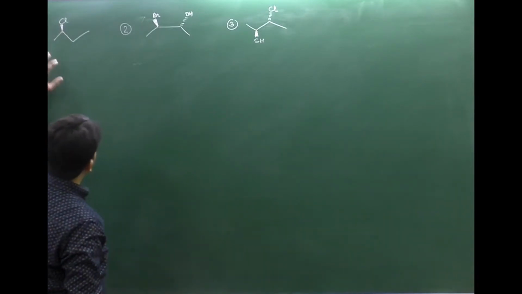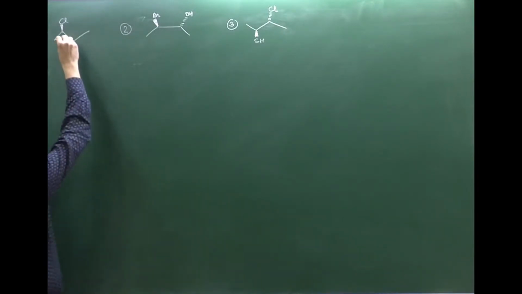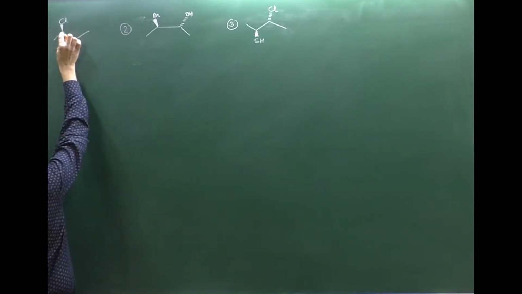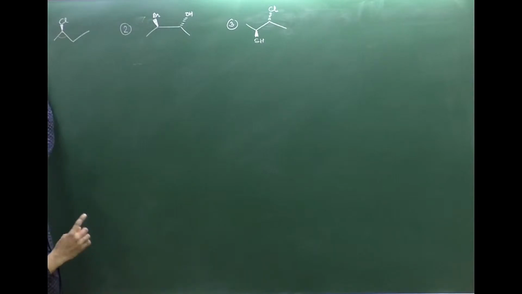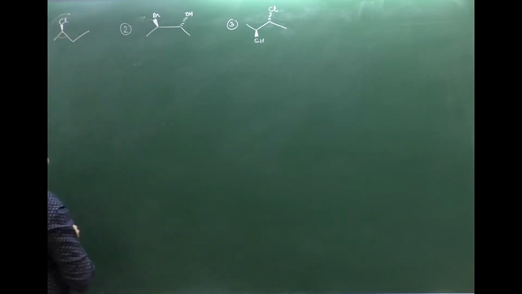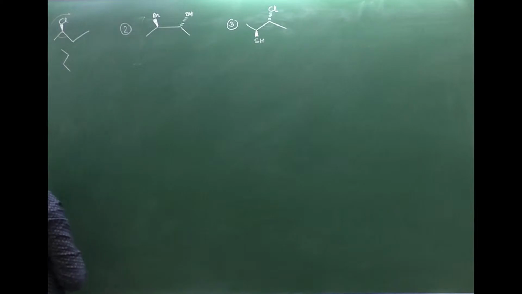So, if the representation is like this, just try to convert the representation in such a way that the angle which you are getting between the bonds related with the chiral carbon is either to the left or to the right. So, if I rotate this molecule by 90 degrees, I'll get the chain of carbon like this.